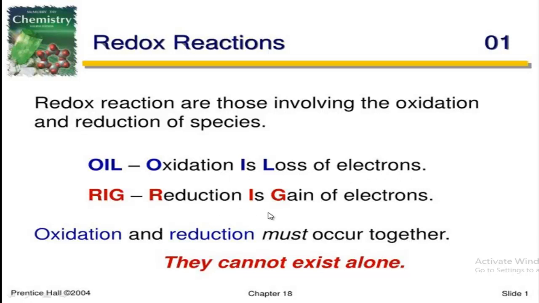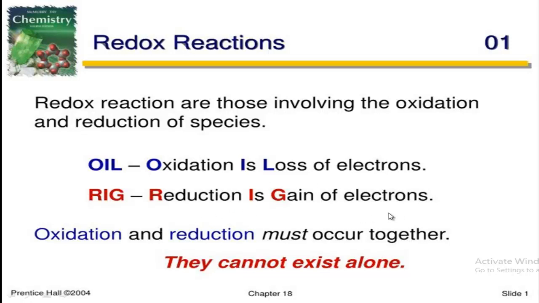And a reduction reaction is the type of reaction in which electrons are received, grabbed or accepted. In our sentence, we can say oxidation is loss of electrons and reduction is gain of electrons.